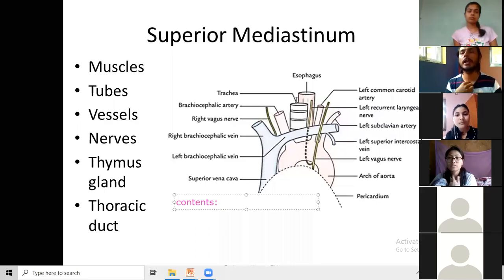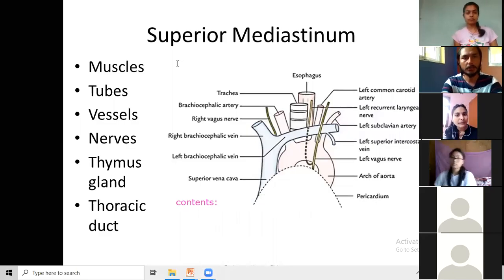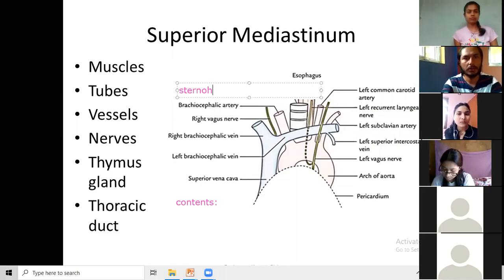Then one more muscle extending between the sternum and the thyroid cartilage, the sternothyroid. Sternohyoid and sternothyroid. In muscles, you write these two names.